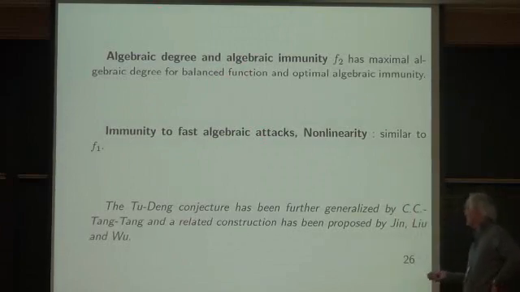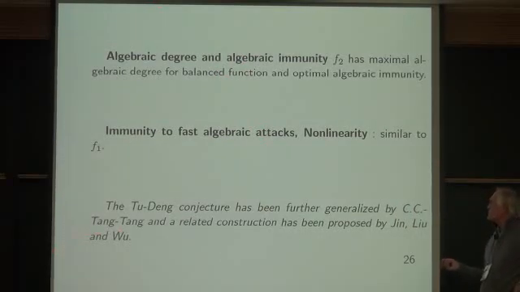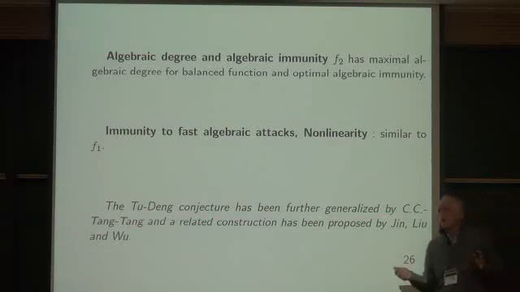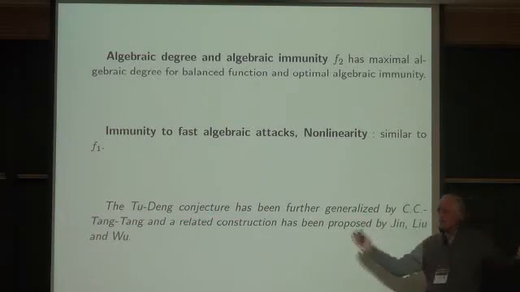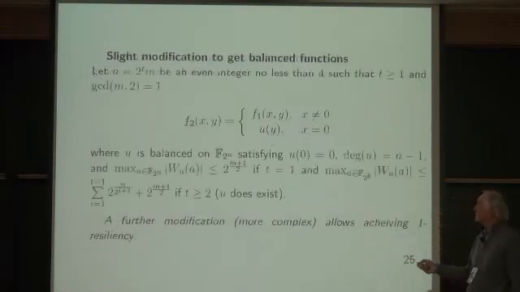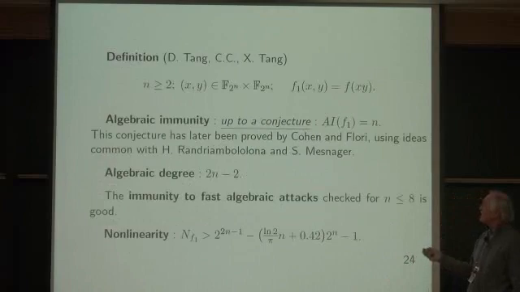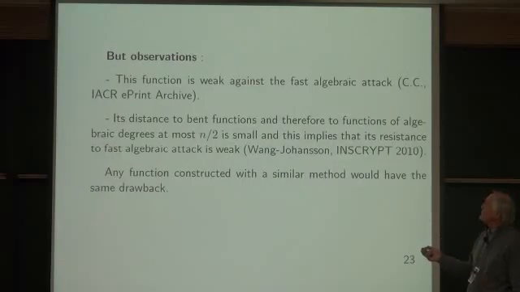Okay, so the two-rank function has been further generalized. We have proposed a conjecture with my student, which includes the original conjecture by two-rank and also the conjecture we had when we found this function.